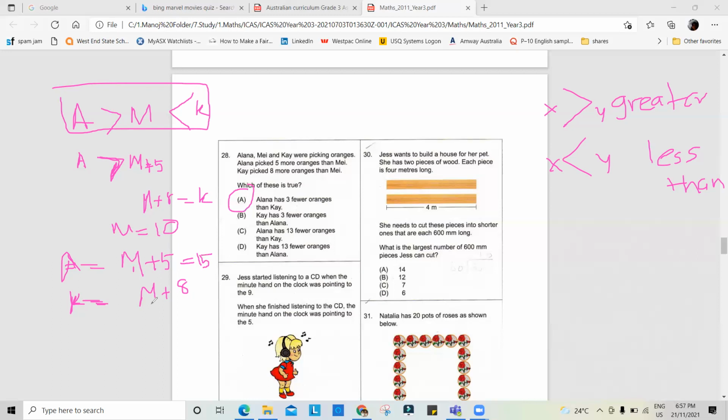If you put here 10 plus 8, 18. Then K equals 18, Alana is 15. Which one is bigger? K. You said Alana has 3 fewer oranges than K. Fewer means less. That answer should be correct.